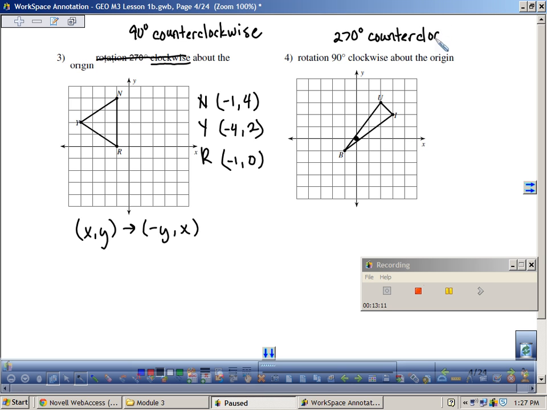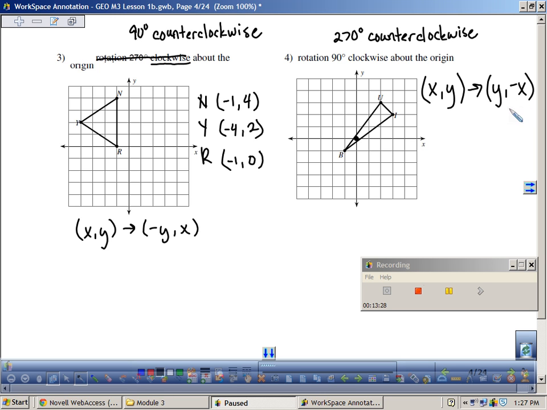Yeah. You don't have to. So what's the rule? What's the coordinate rule to go all the way around? Opposite x. Y, opposite x.